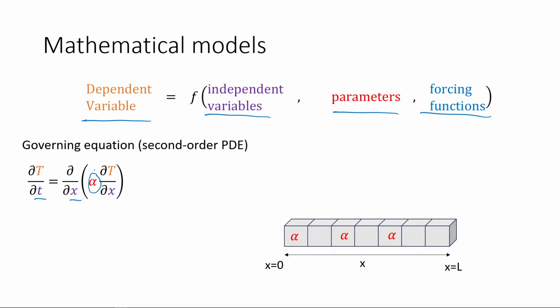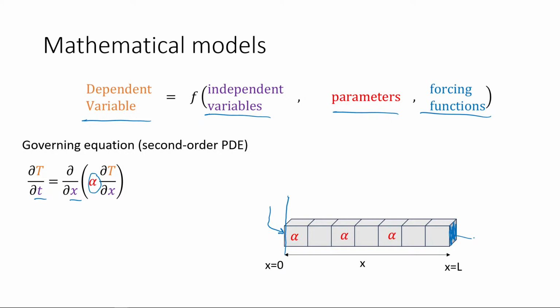Okay. And then forcing. What would be the forcing? The forcing would be, for example, my boundary condition, what is happening here. If there is a constant heat source here, for example, or this boundary is insulated, where nothing is allowed to escape. If this boundary is insulated, it means no flux, zero flux.